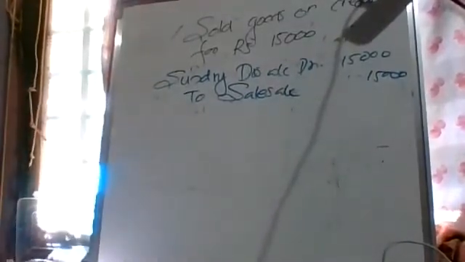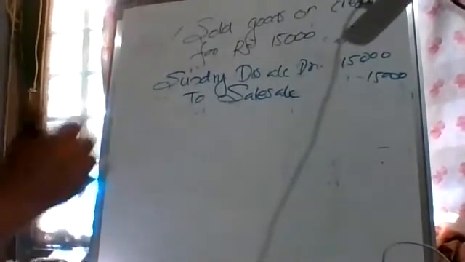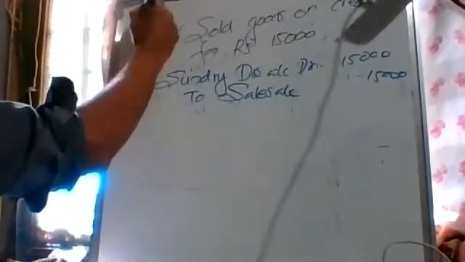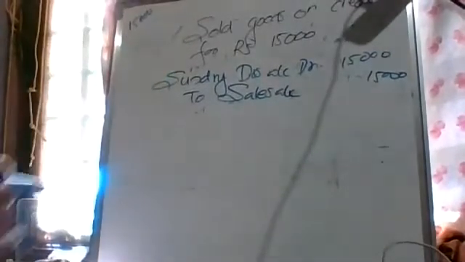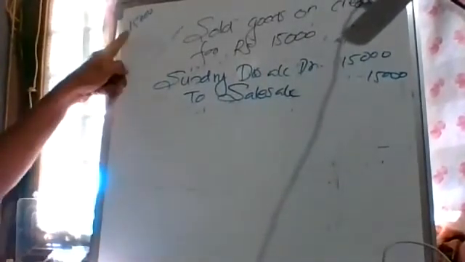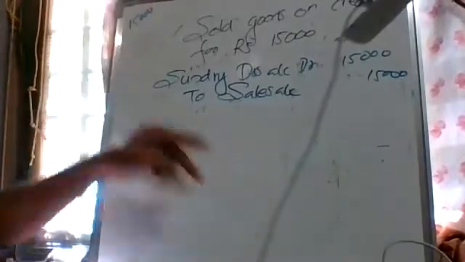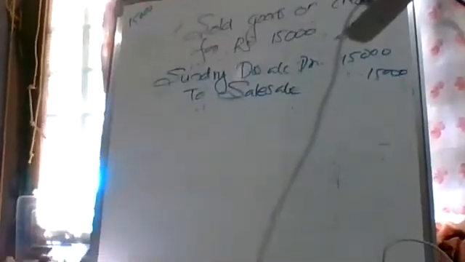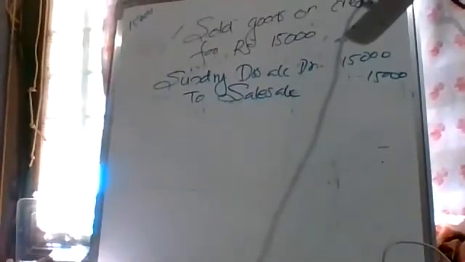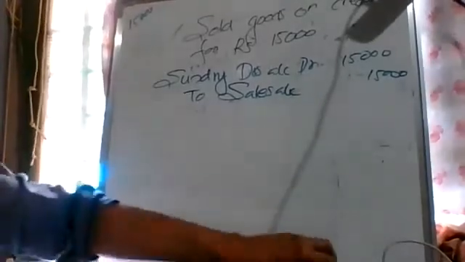Somewhere on the bottom. 15,000, I am writing here. For your visibility, I am writing on the margin, but you should not write on the margin. You write somewhere on the bottom side. The answer is correct. In its space.